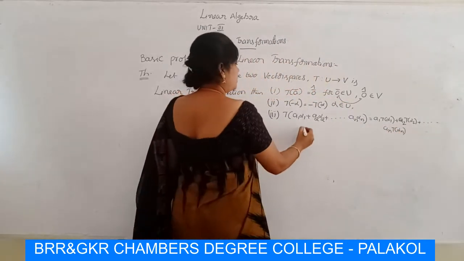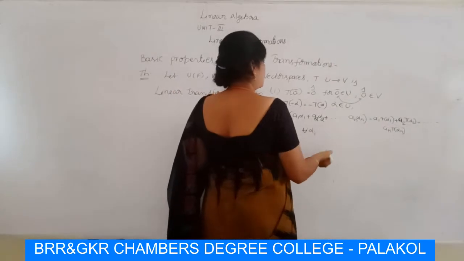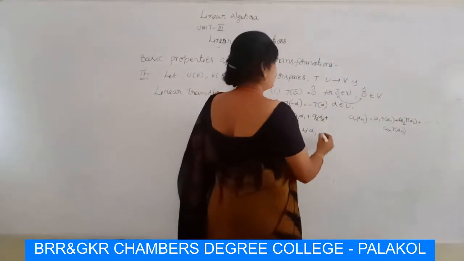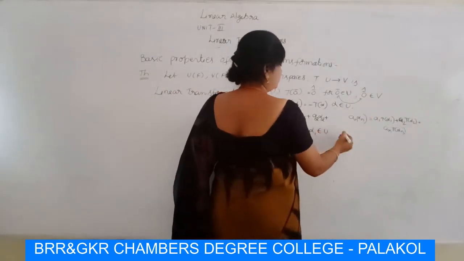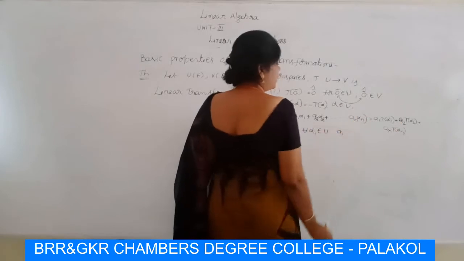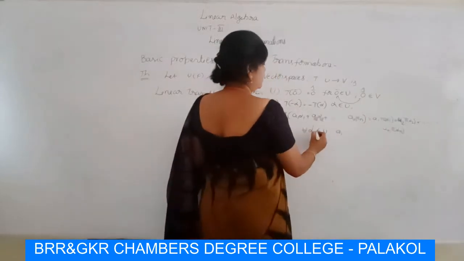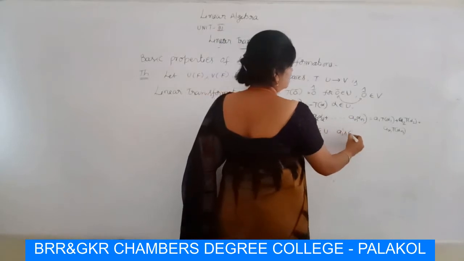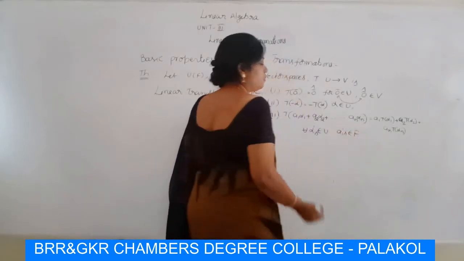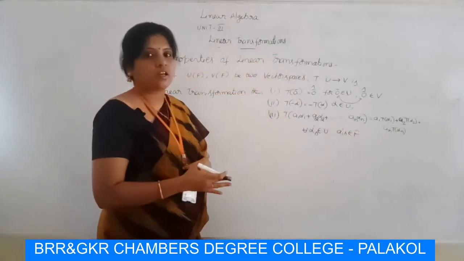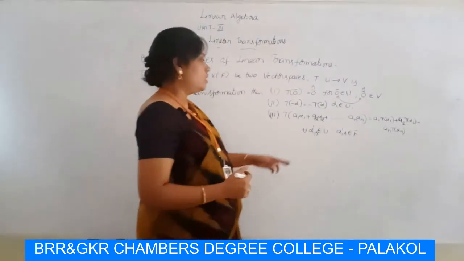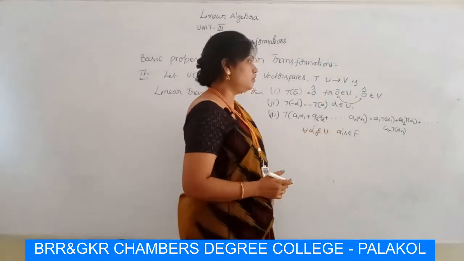Here alpha 1, alpha 2 and so on alpha n are vectors of U, and A1, A2 and so on An are scalars belonging to F.